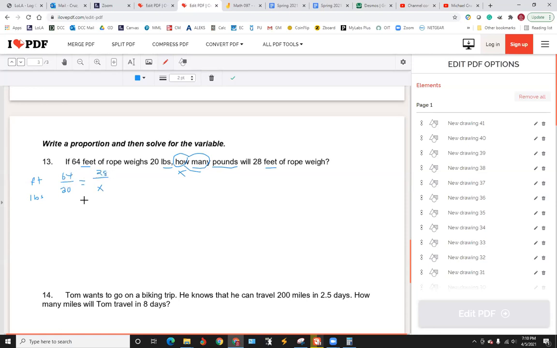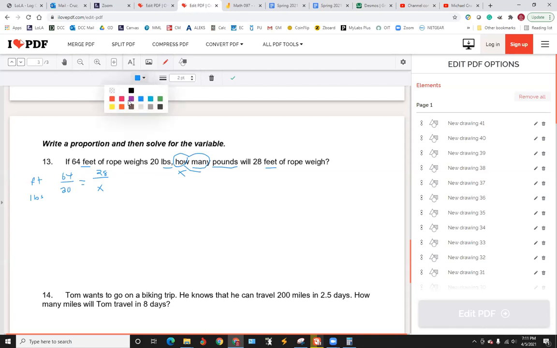So just to get it straight in your head, if you got 64 pounds that weighs 20 pounds, then 28 is a little bit less than half. How much does that weigh? Well, we can guess it's going to be probably less than 10 because if we halved it, but we got to find out exactly what it is.